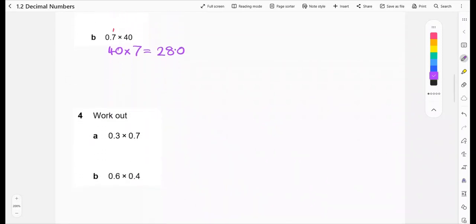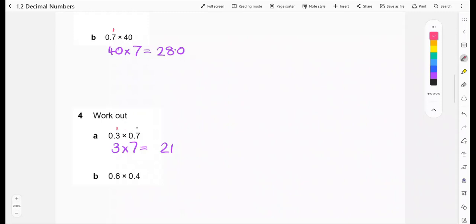As you can see with the next two examples, it's a little different. We actually have a decimal multiplied by another decimal. The strategy remains the same. We do our calculation of 3 times 7, which is 21. And then we go back to our original question of 0.3 times 0.7, and we count the total amount of digits after the decimal place.